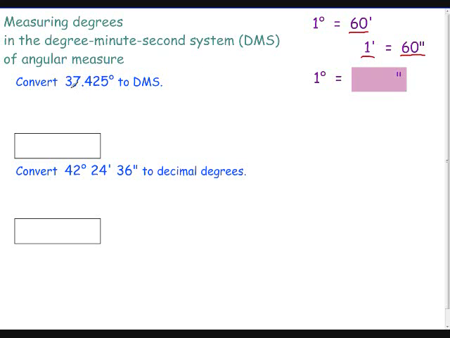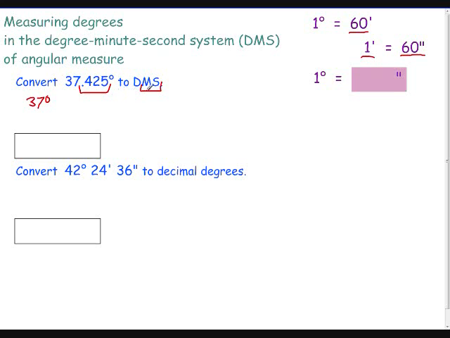If we want to convert this to degree, minute, second, the DMS system, how would we go about doing it? Well, we know that this is the portion that's going to be expressed as minutes and seconds. It's some portion of a degree. The whole for a degree is right there. We know we've got 37 degrees.